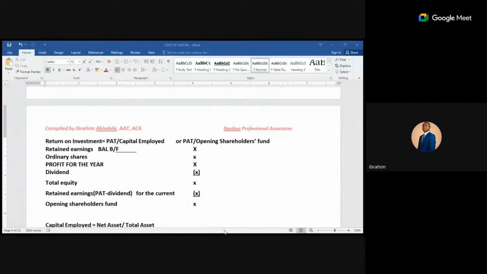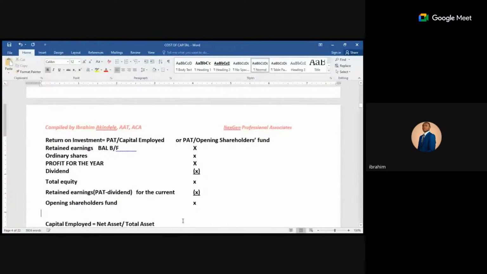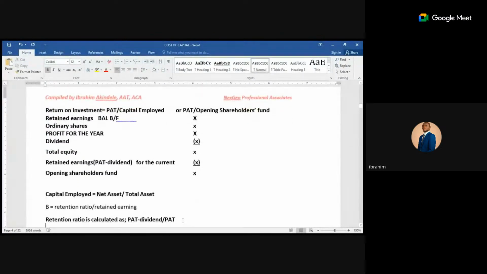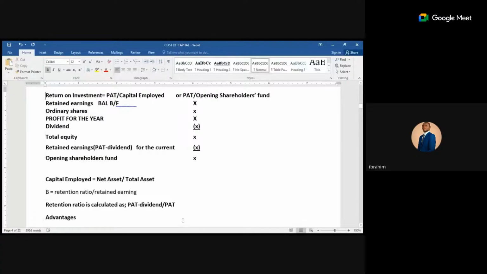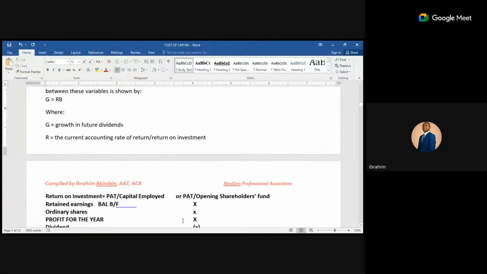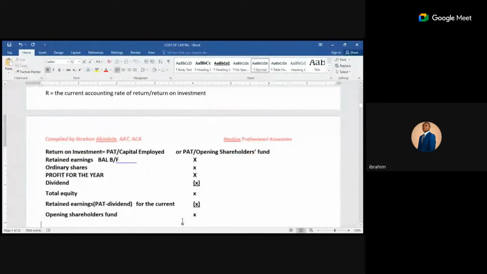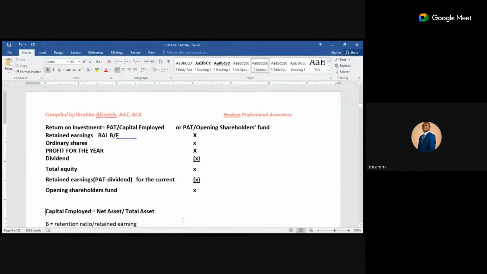Okay. Now, class, if this is established, don't forget that Gordon's is G equals R times B. The R is the return on investment, which we've already defined as profit after tax divided by capital employed, or profit after tax divided by the opening shareholders fund.